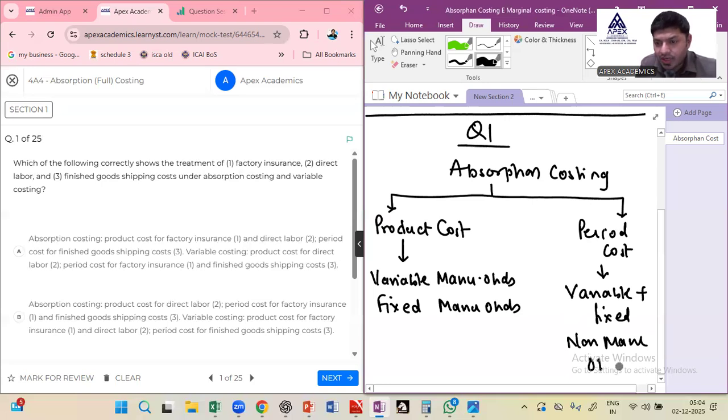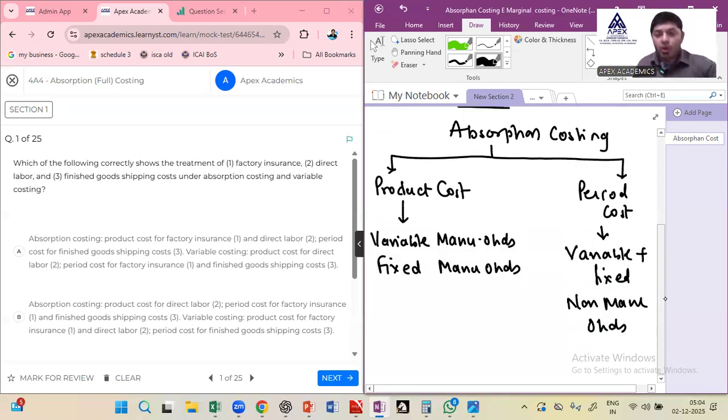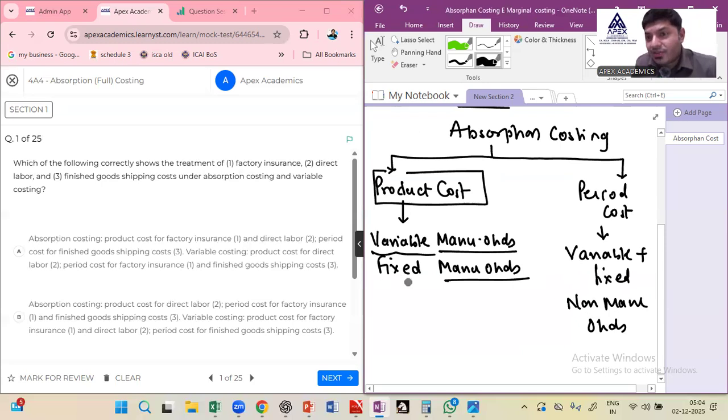non-manufacturing overheads. It is essential to note that in absorption costing, all the product costs will include manufacturing overheads, both of variable as well as fixed nature. But when I deal with the period cost, I am dealing with both the variable as well as the fixed non-manufacturing overheads.